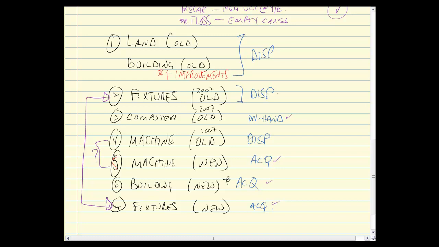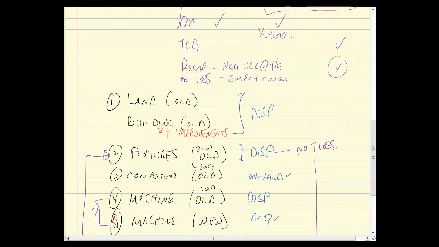They could have a terminal loss, but not likely, because we know that asset class is not going to be empty at the end of the year. So I can kind of know that there's not going to be a terminal loss. No matter what happens, there's going to be assets in the class. Okay, but since we have the time, we will do CCA for everything that needs CCA.